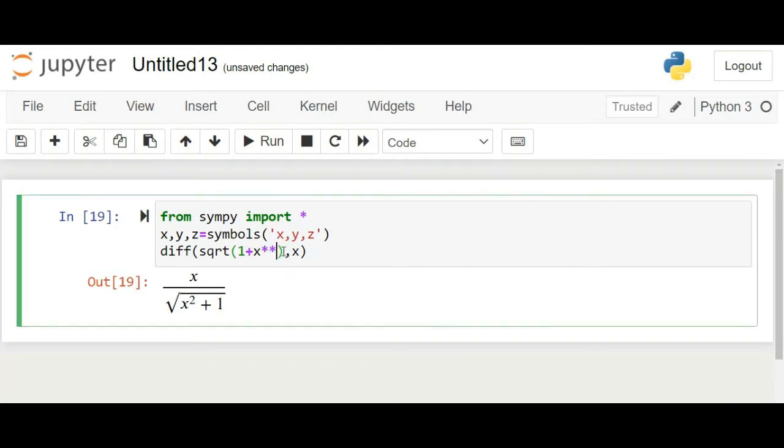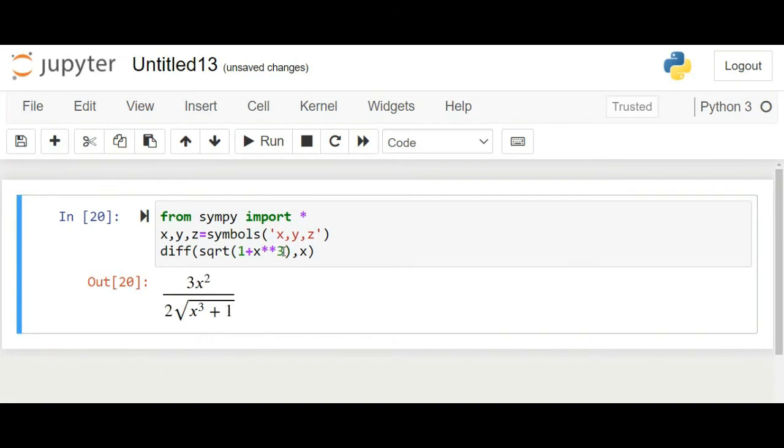Or if I write x cube over here, then our derivative will be like this. Also we can change it to 23 over here, then our answer will change. By changing it, if I write minus over here, then our answer will change. For example, if I write 2 multiplied by x, then our answer will be like this.